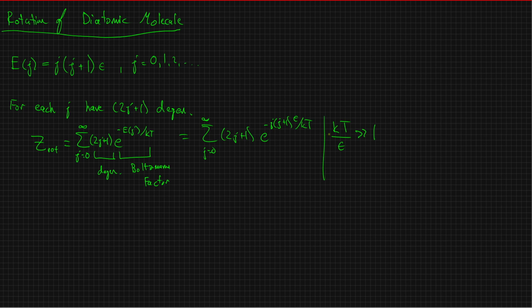So the energy due to the temperature versus the actual energy of the molecule, this guy's going to be much, much bigger. So this ratio is much, much greater than 1. This is the so-called high temperature assumption.